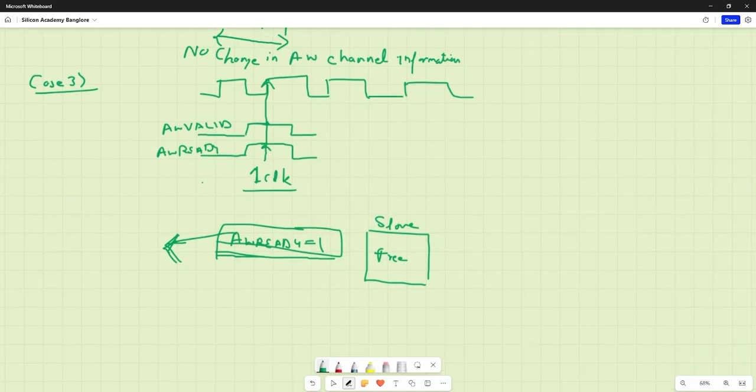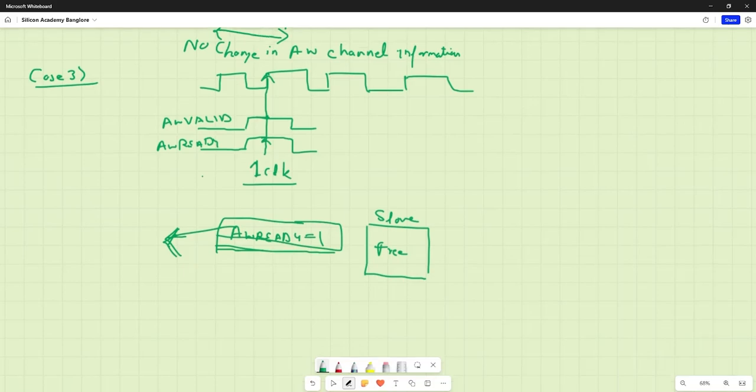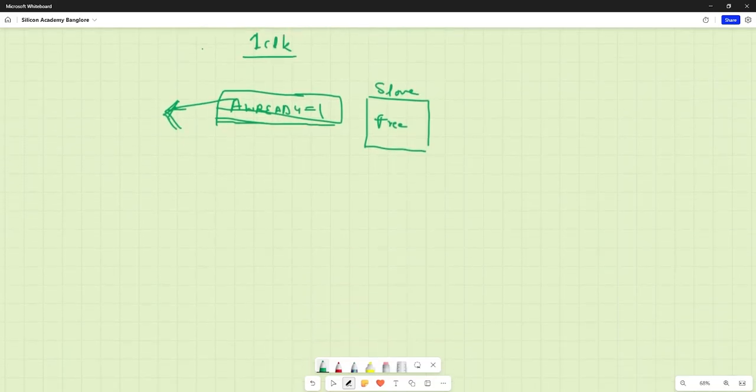So far, we have seen the behavior of the AW valid and AW ready signals. Now, what we can do as an exercise is check the other signals, the valid and ready signals from the other channels.